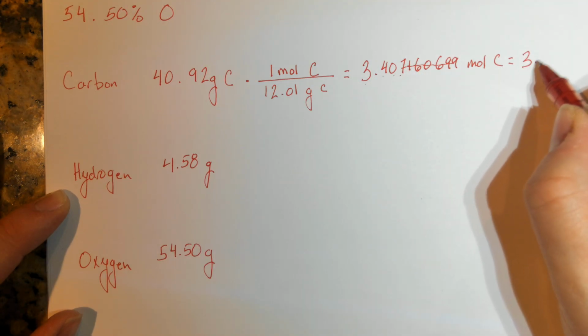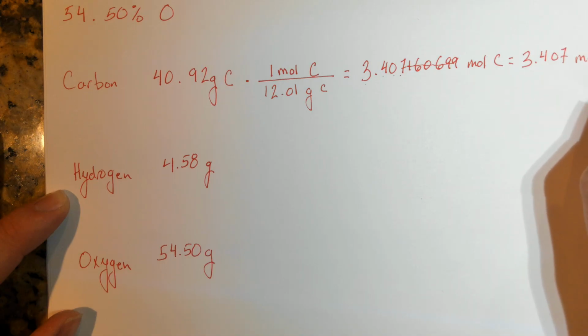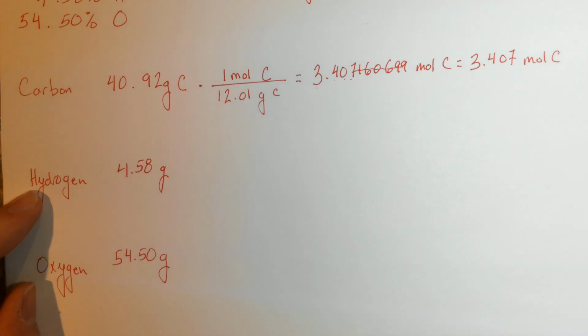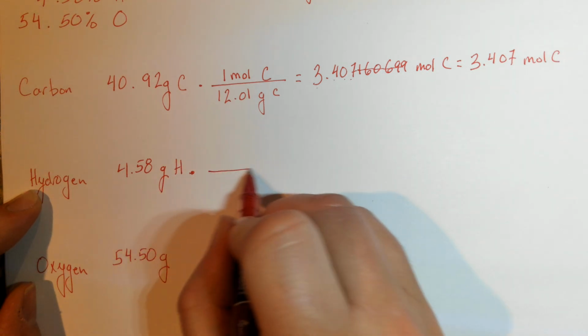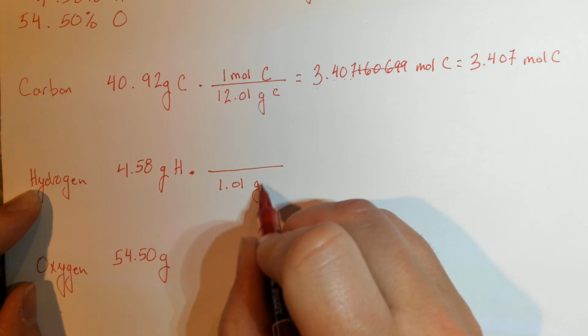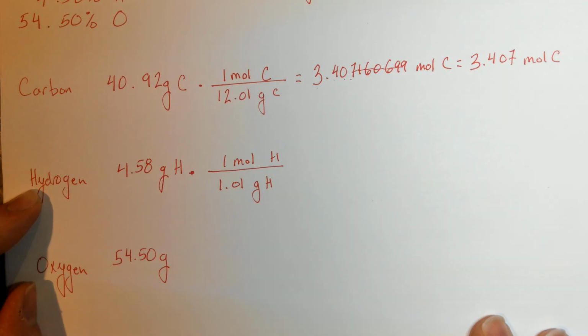This is 3.407 moles of carbon. Excellent. Let's carry on here. Moles of hydrogen. We've got 1.01 grams of hydrogen for every 1 mole of hydrogen.